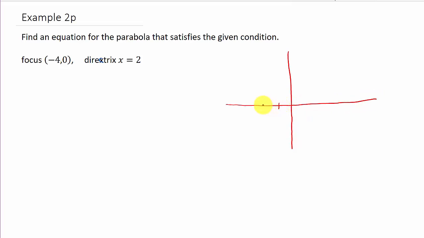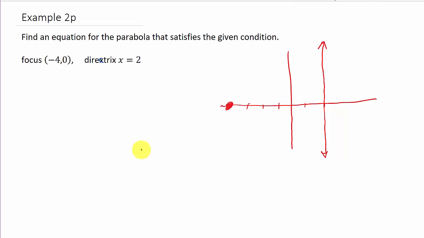Alright, so I've got 1, 2, 3, 4, 1, 2. So here's the focus. Here's the directrix, x equals 2. Well, if the focus is here and the directrix is here, we know it opens to the left.